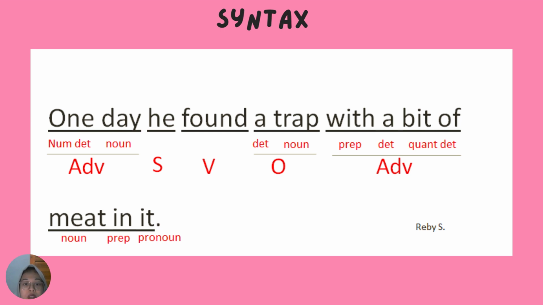A determinant, trap noun. A trap as object. So the object consists of noun phrase, and then with a bit of meat in it is adverb because it describes the verb.